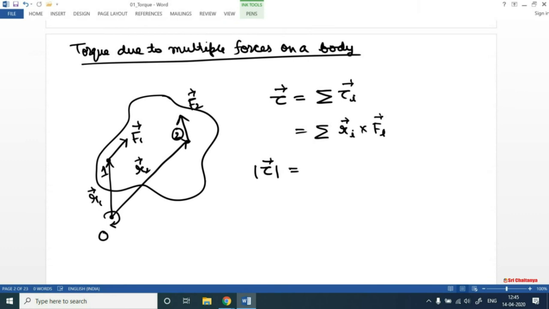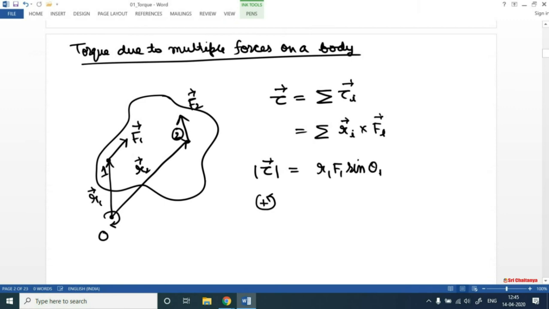For example, here in this case, if we are trying to write the torque and taking the outward direction as positive, meaning anti-clockwise we are taking positive. So torque due to F1, you can very clearly see in this diagram, has the capability of rotating this body in clockwise direction, and its magnitude would be nothing but R1 F1 sine theta 1.